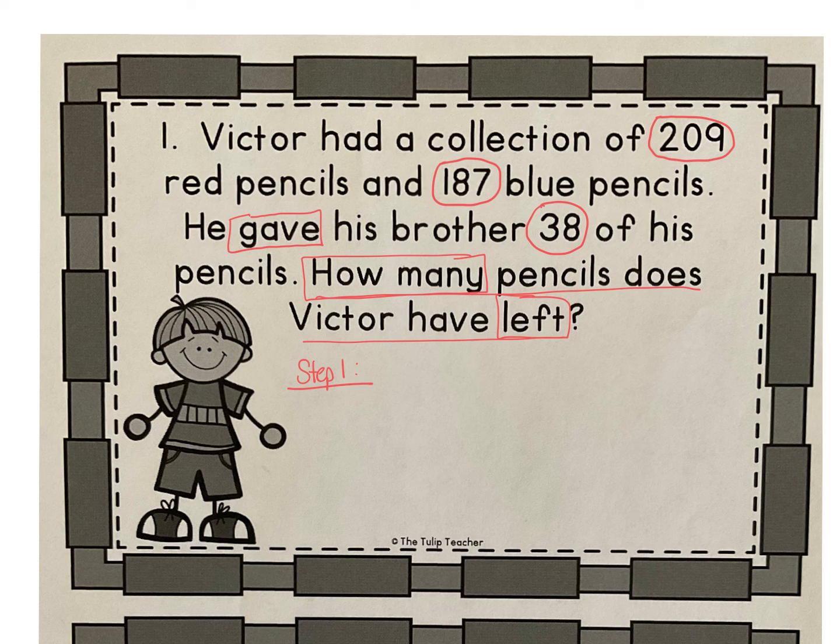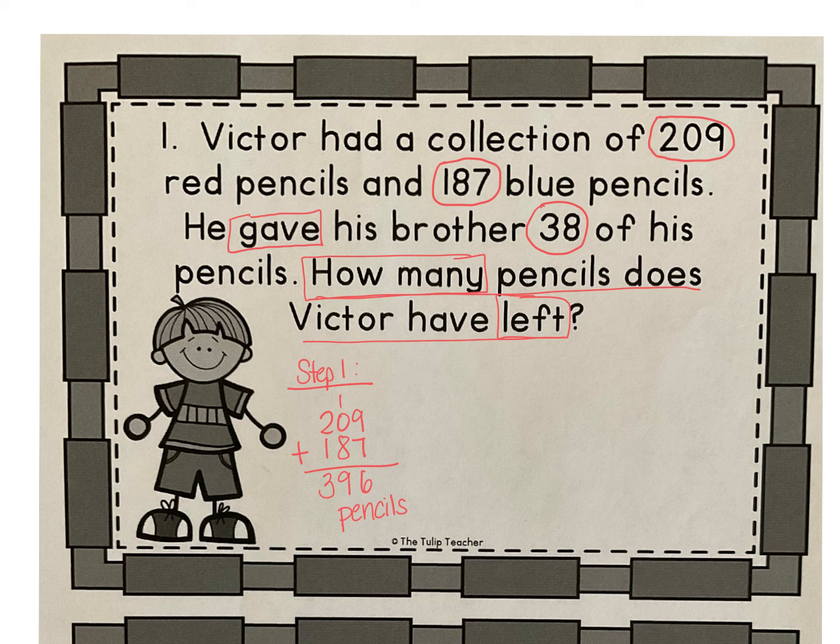So I know that I've got 209 red pencils and Victor has 187 blue pencils. And I'm going to add those together to find the total. So I know that 9 plus 7 is 16. I'm going to carry the 1. 8 plus 1 is 9. 2 plus 1 is 3. So he has 396 pencils. Okay, so that's the first step. So the first step we're going to add.